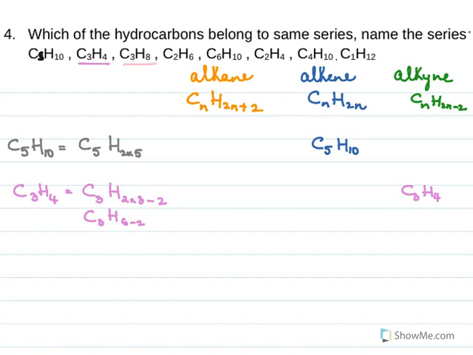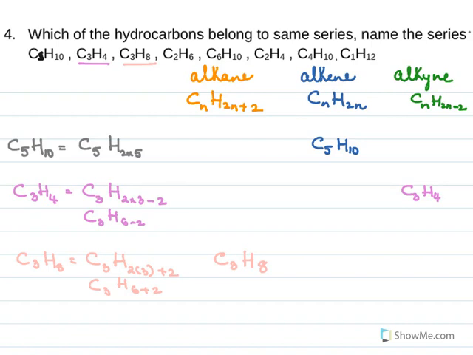Next is C3H8. This is C3, H is 2 into 3 plus 2, that is C3H6 plus 2. And that would belong to alkane. So C3H8 is an alkane.